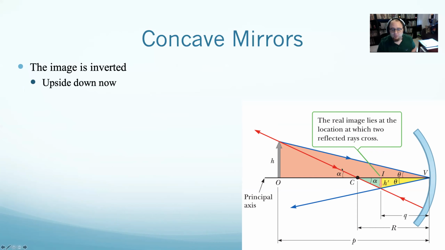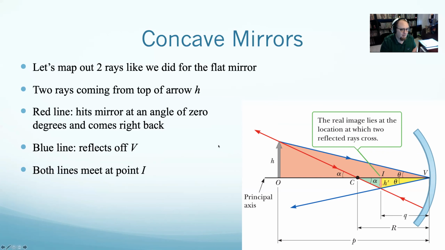This image will consist of an arrow coming from the principal axis to wherever they meet. So in this case, it's an upside down arrow right there. That is what the image is going to look like.